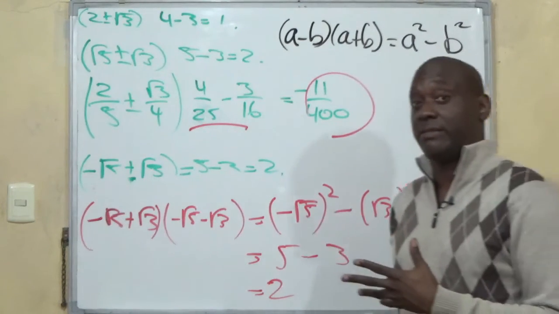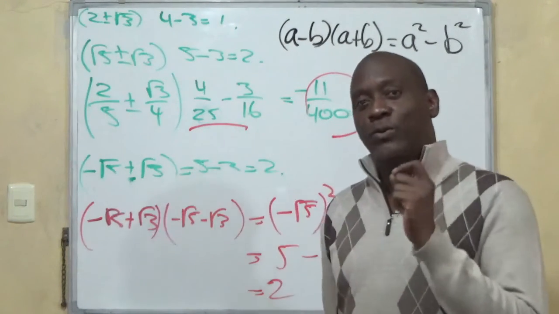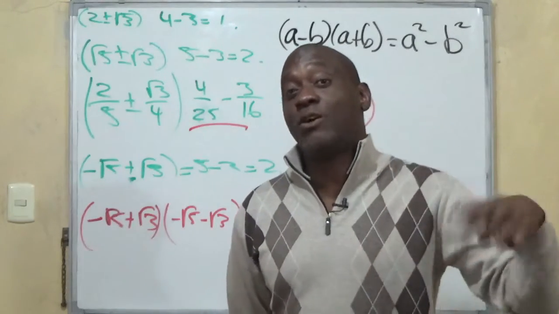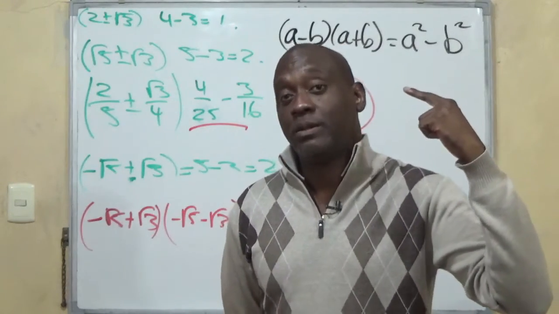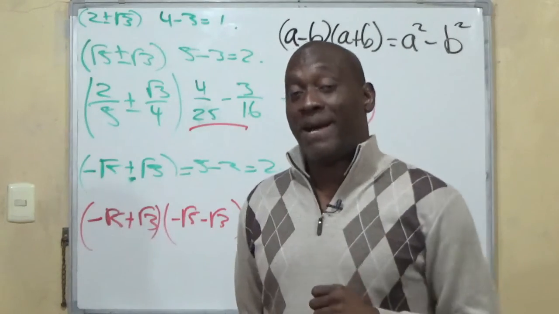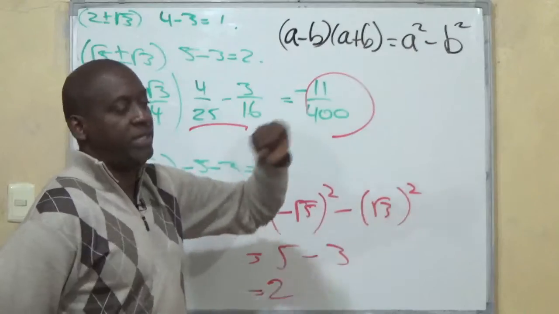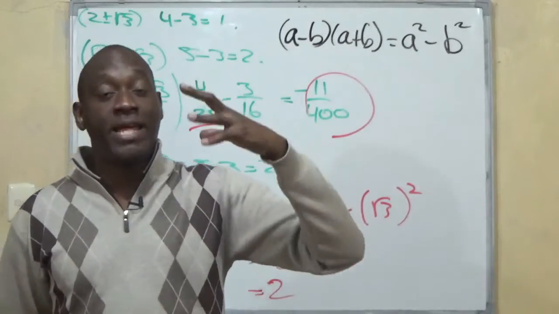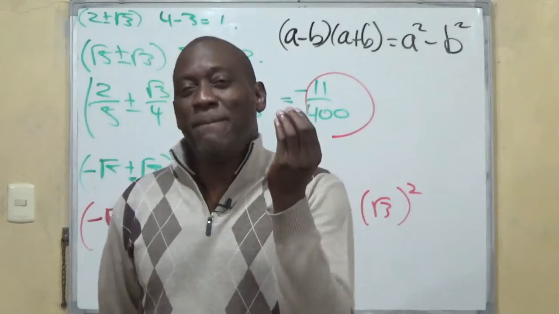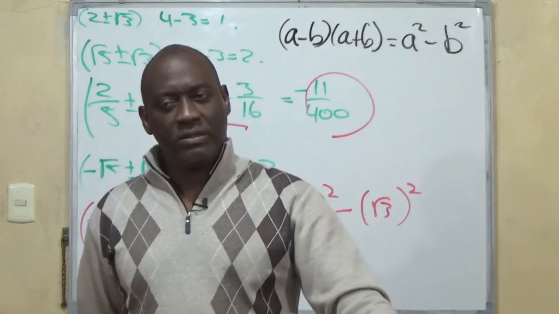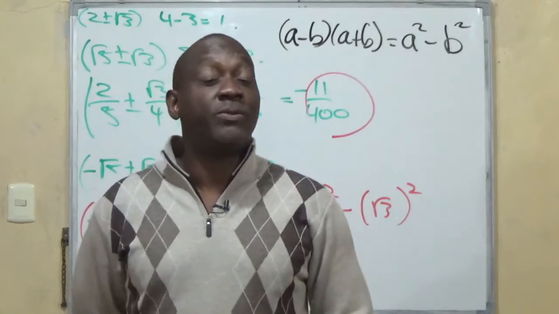We demonstrated. So now you know that anytime you have to multiply a binomial surd by its conjugate, you'll end up here, difference of two squares, and you can employ the difference of two squares immediately. You don't have to multiply the whole thing out. You just go straight to difference of two squares.